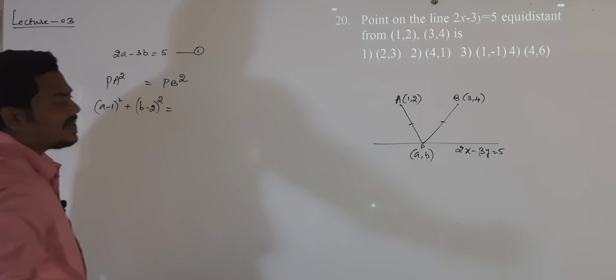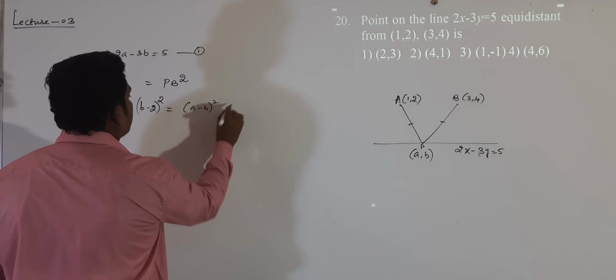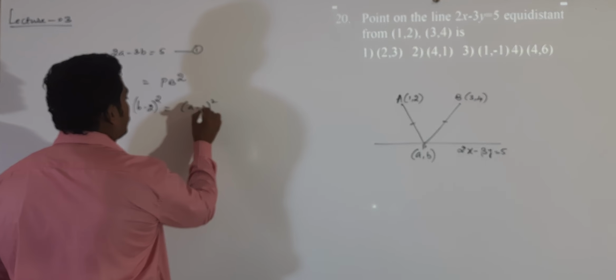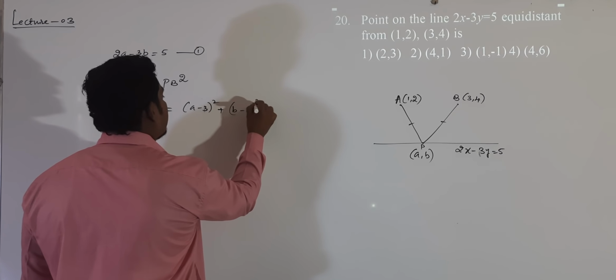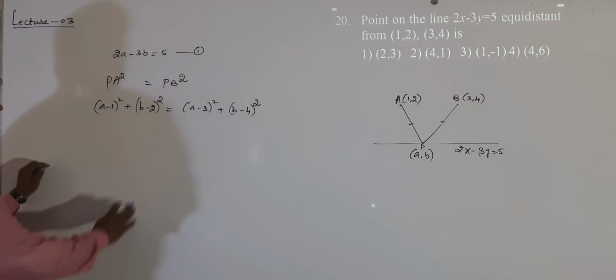That's equal to PB square, which is (a minus 3) whole square plus (b minus 4) whole square. Just simplify. On both sides a square and b square terms will get cancelled.